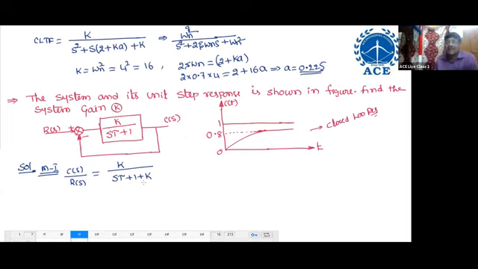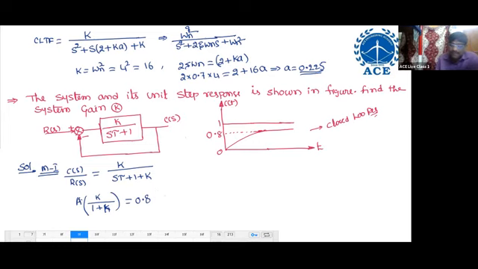Now tell, what is K? Here K by 1 plus K, this is A into K. K is nothing but the gain of the system. What is the gain? K by 1 plus K equals how much? 0.8. Then A is 1.